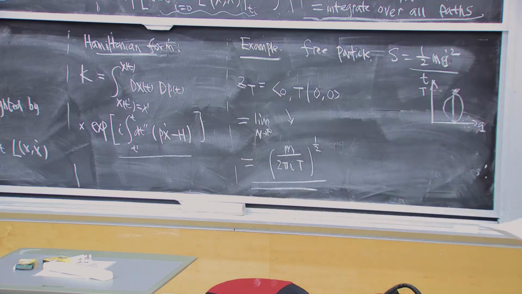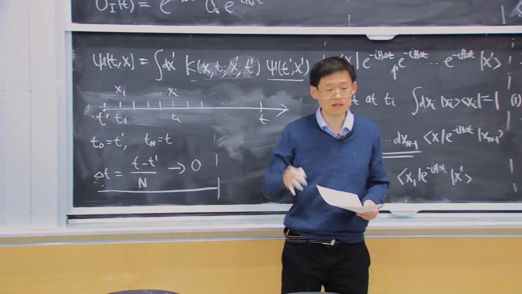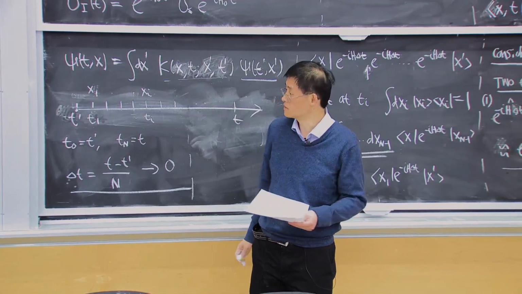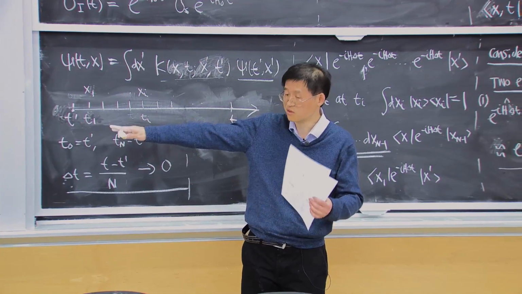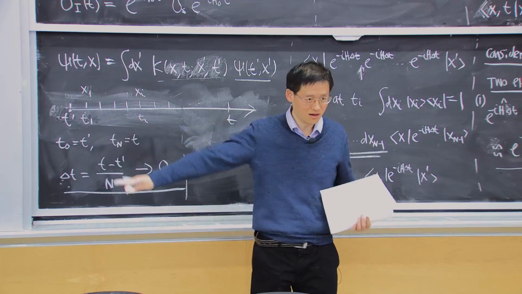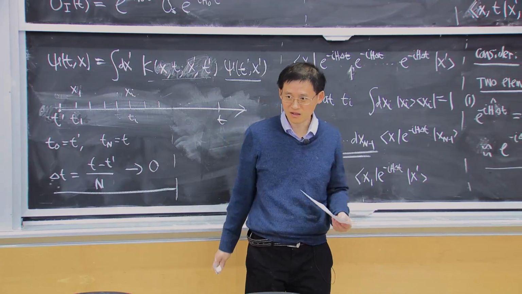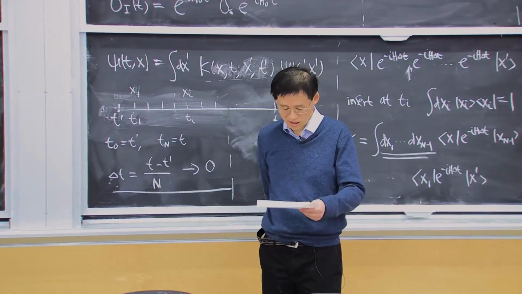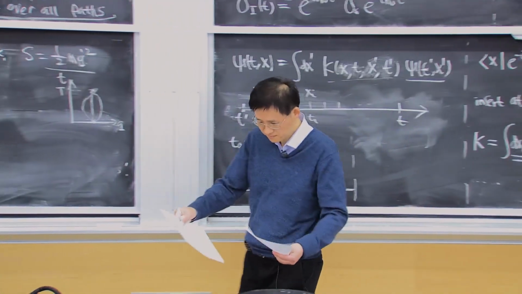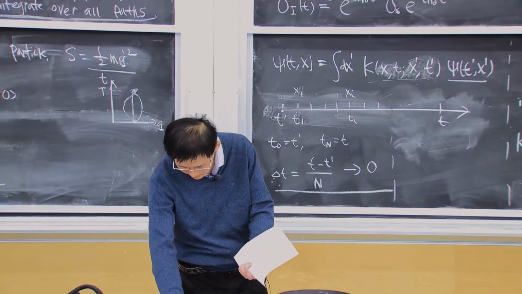So you can do this infinite number of integrals, and you find it gives that answer. Of course, you can calculate that easily by solving the Schrodinger equation using your standard method. But this is a good exercise to do.